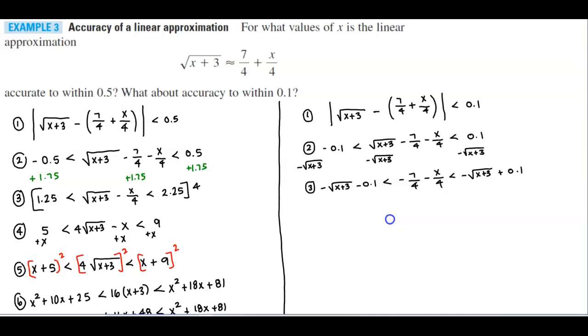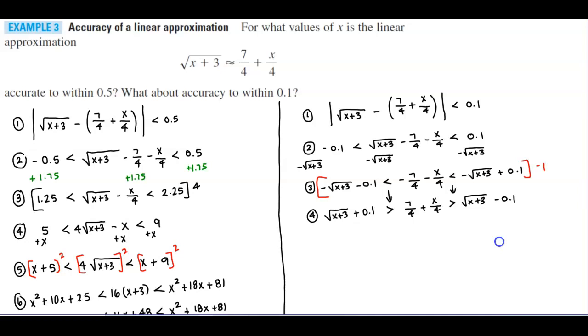Okay, so now we're going to multiply everything by negative 1. If we multiply everything by negative 1, that means it's going to flip those inequality signs. So we end up getting positive square root of x plus 3, and that becomes plus 0.1. And then we flip the inequality, and we get positive 7/4 plus x over 4. And again we flip the inequality, and this becomes positive square root of x plus 3 minus 0.1.